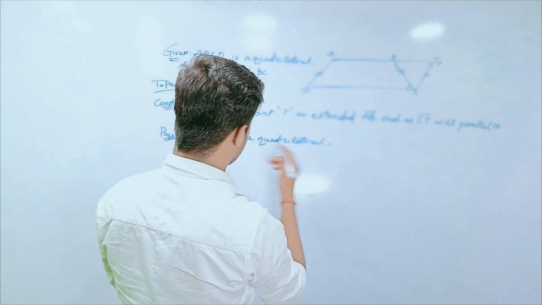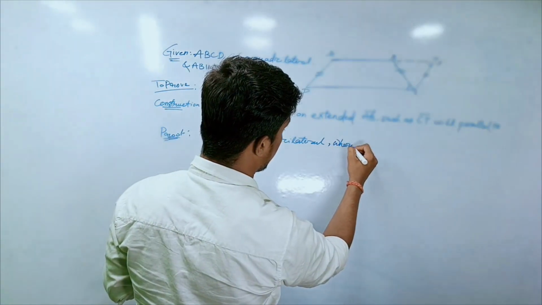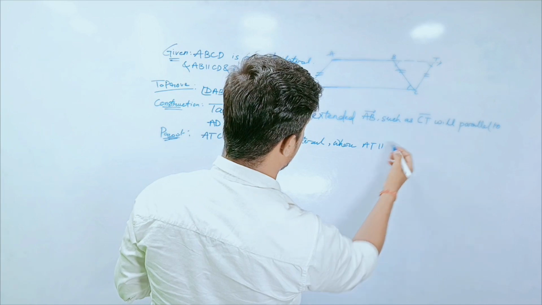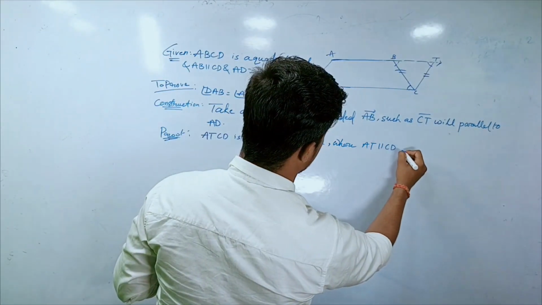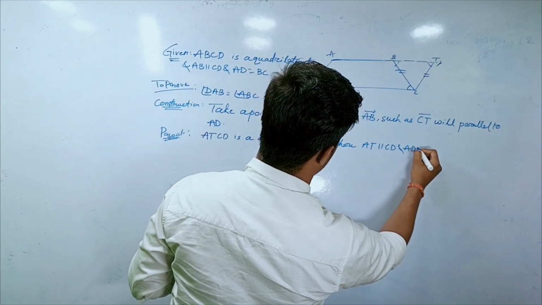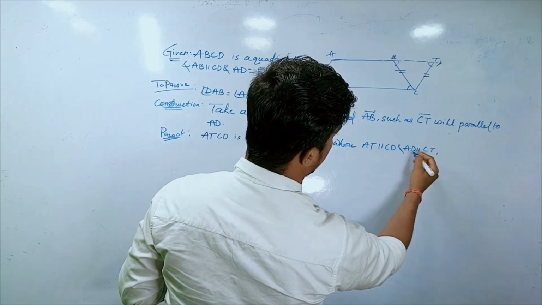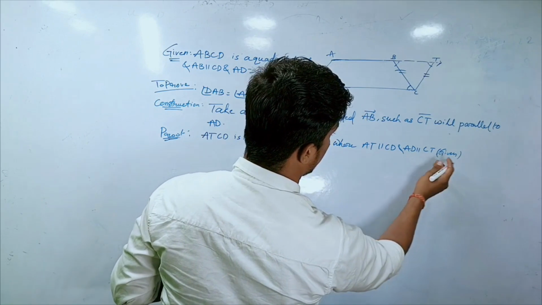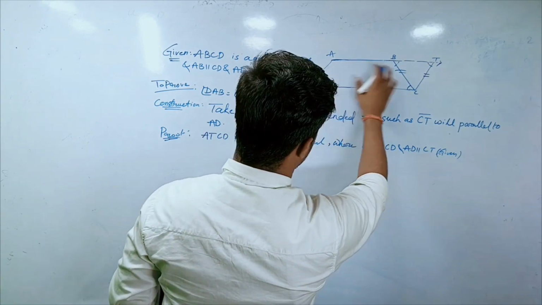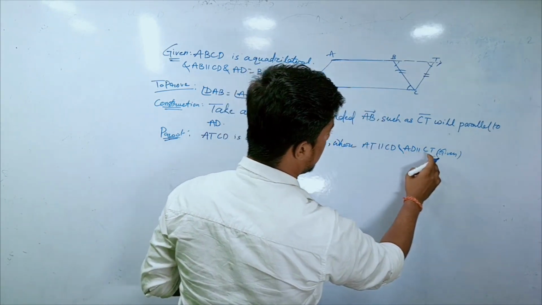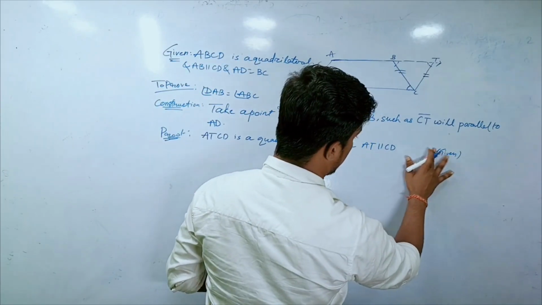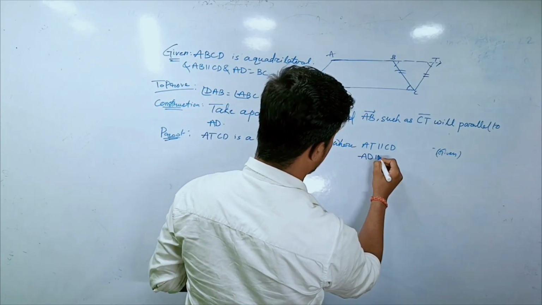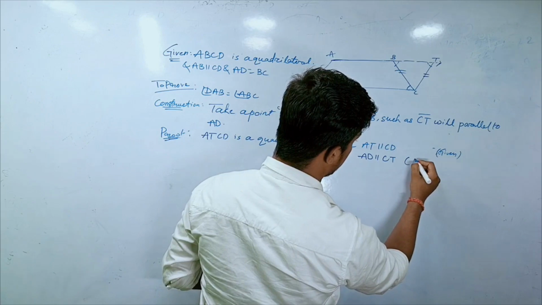So you write: ATCD is a quadrilateral where AT is parallel to CD and AD is parallel to CT. Why AD parallel to CT? AT parallel to CD is given, but AD parallel to CT is your construction.